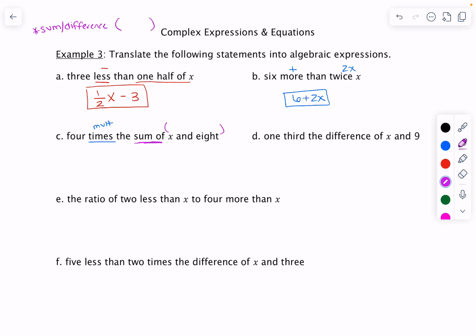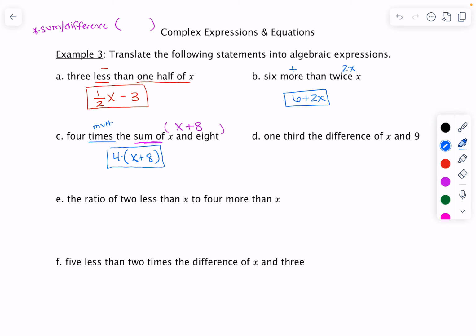So I've got 4 times the sum of x and 8. Well, x and 8 is x plus 8. So for my final answer, I'm going to have 4 times, and I'm going to put that in parentheses, x plus 8. Because remembering there's that invisible multiplication symbol between the parentheses and the 4. So that one's really tricky. Go into this knowing that one's tricky.